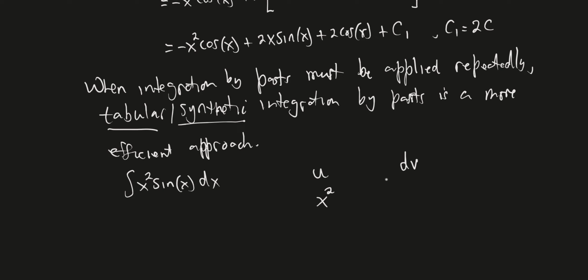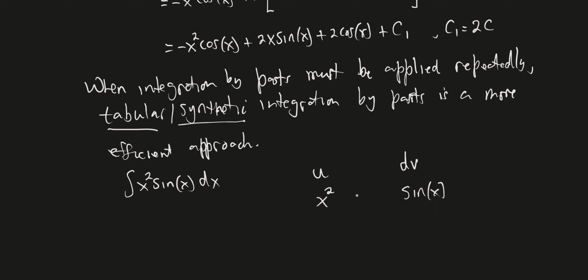When setting up the table, we typically don't write the dx, we just write the two functions and put the differential off to the side. It looks a little less formal, but it's no less accurate. So let's write our sine function there.